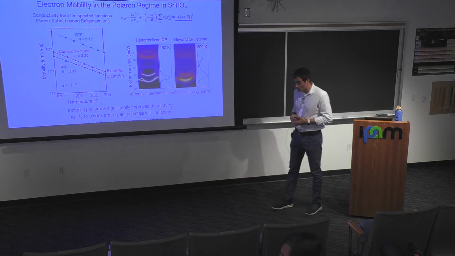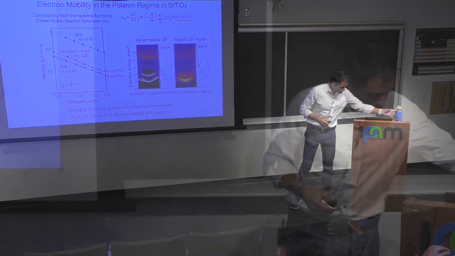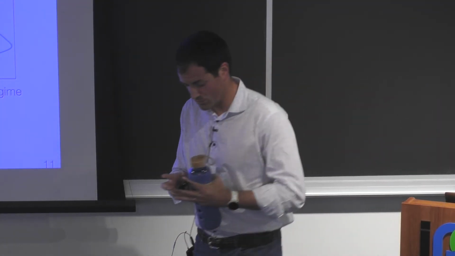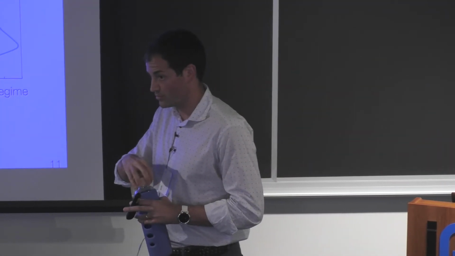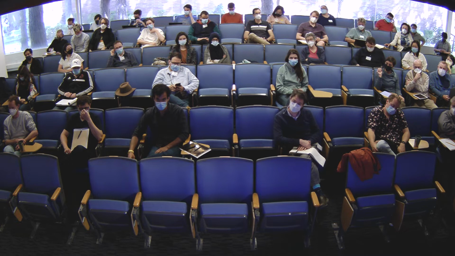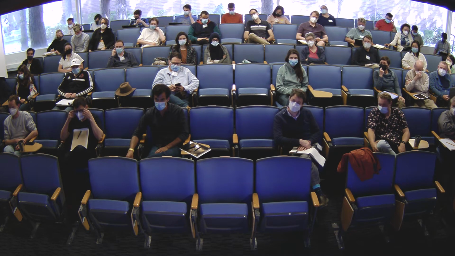Yes, I can ask. How can you really be sure these are polaron effects just by including... I guess I didn't fully understand how are you including in your cumulant the information from the... So basically, in the cumulant, you put the lowest order self-energy.